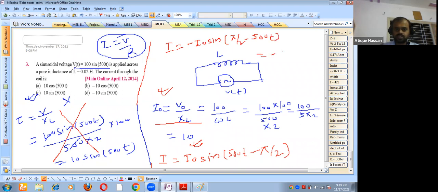I naught is 10 sine of 90 minus theta, which is cos theta. So cos 500t. So we'll get the value of current as I equal to minus 10 cos 500t.